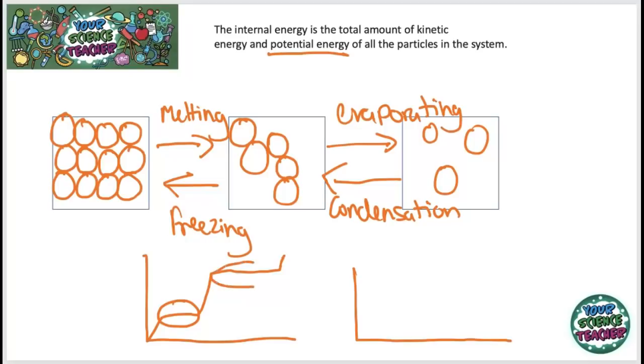Now, here, going from a liquid to a gas, that requires even more energy because you go from all the particles touching to no longer touching, and that requires lots and lots of energy. Now, going the other way and looking at a cooling curve, the same kind of trends are observed here.